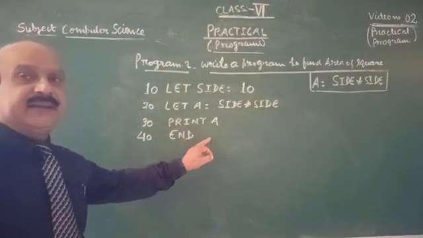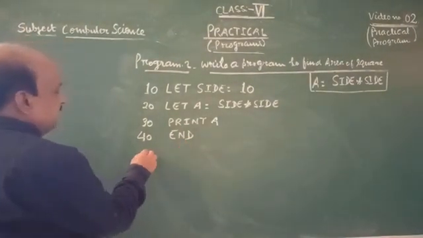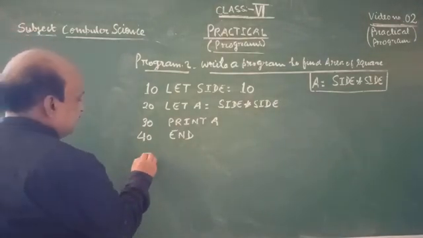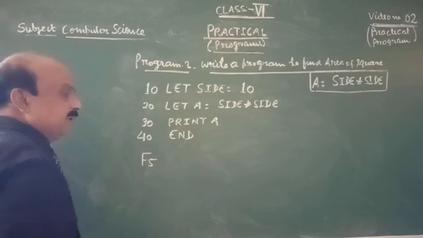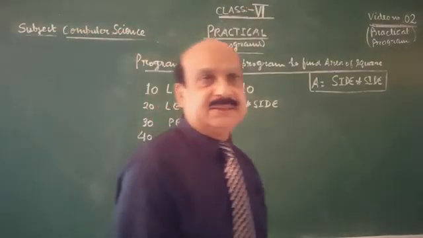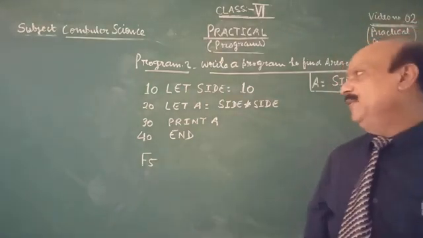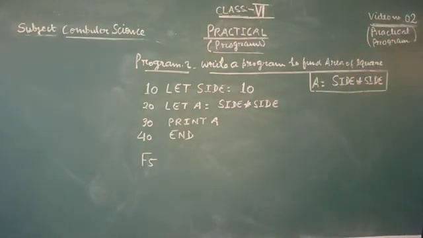You will press the enter key. So you will see the cursor will come down, and for getting the output you will press the key F5. After compilation you will find the output you are getting there. So this is the way you can write a program to find the area of a square. Clear?